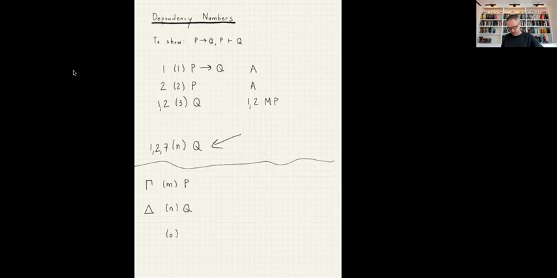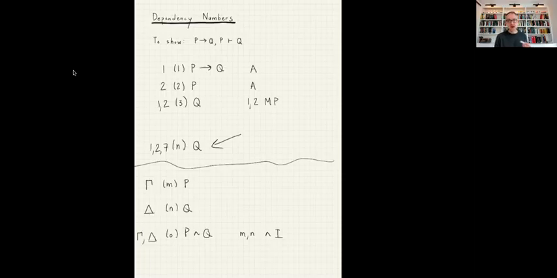What would we write if we concluded P and Q from M and N by and introduction? We would combine those two lists. Gamma comma delta means take the two lists, gamma and delta, and put them together. In fact, you can erase duplicates. So if you had something like 1, 2, 2, you can erase the second 2. You just need to keep track of which things it depended on.